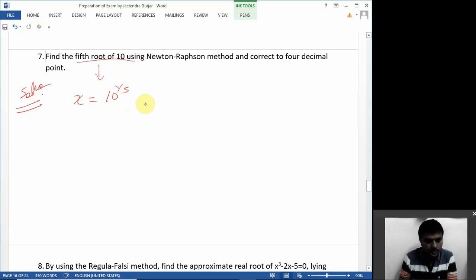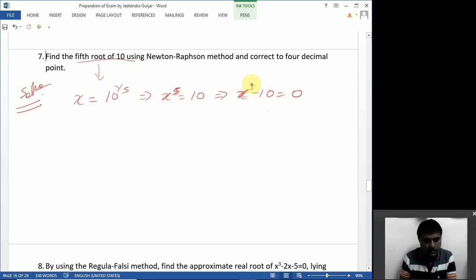So this means I can write it like this: x raised to 5 is equal to 10. I take the power 5 on both sides, so x raised to 5 is equal to 10. That implies x raised to 5 minus 10 is equal to 0. Yes, friends, this is very easy.